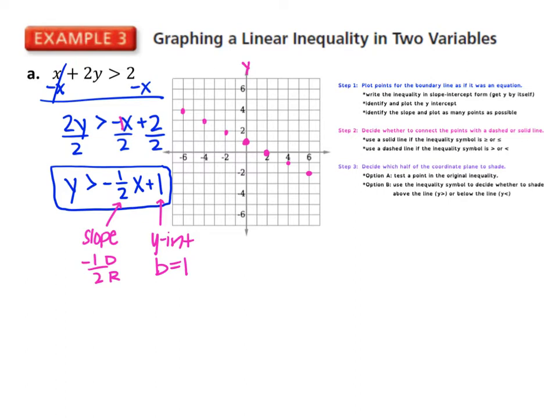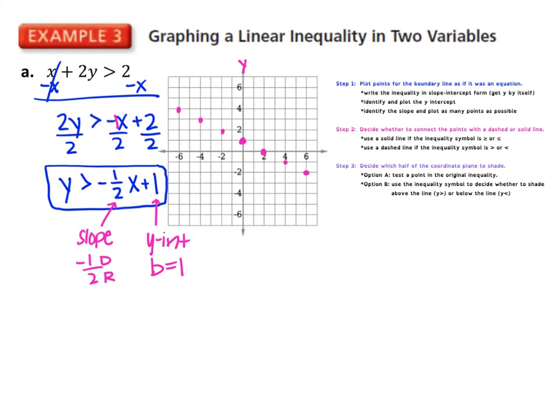But before I connect them, I need to decide, step 2, should I connect those points with a dashed line or a solid line? Because I had a greater than symbol, I knew right away that this was going to use a dashed line.